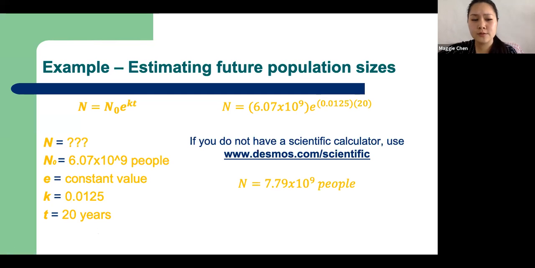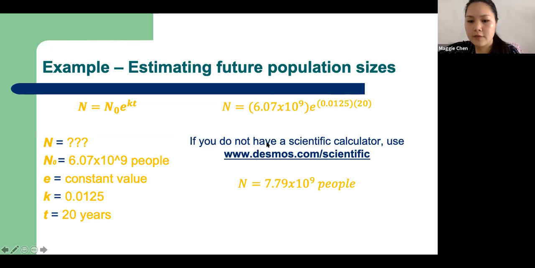So if we have N equals N naught times e to the kt, we can rewrite that as N is equal to 6.07 times 10 to the 9, which is our N naught, our initial population size, times e, that constant value, to the k, which is this 1.25% or 0.0125, times t, our 20 years.